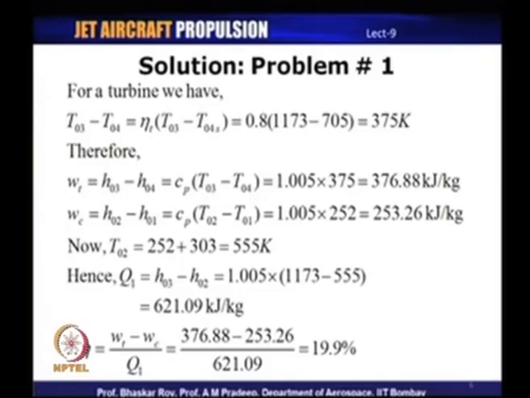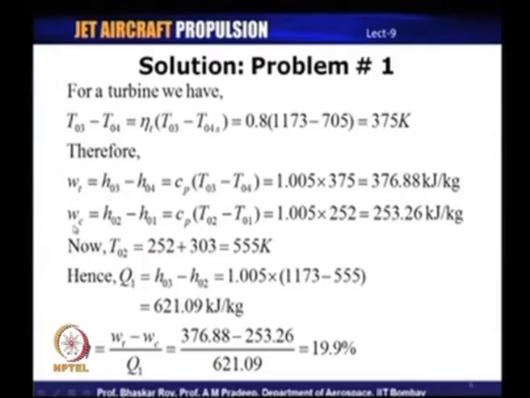As I mentioned, if it is not given, we assume it to be air, and we take the specific heat at constant pressure for air, which is 1.005 kilojoules per kilogram Kelvin. So, assuming Cp to be 1.005, multiplied by 375, which is the difference T03 minus T04, this becomes 376.88 kilojoules per kilogram.